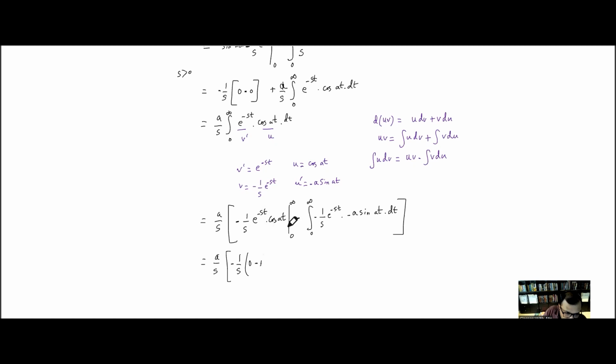So this will be minus 1. Minus, let's say we combine these two, minus minus is plus, so still it's minus, and we bring a by s outside the integral sign, 0 to infinity, it becomes e to the power minus st times sine at dt.